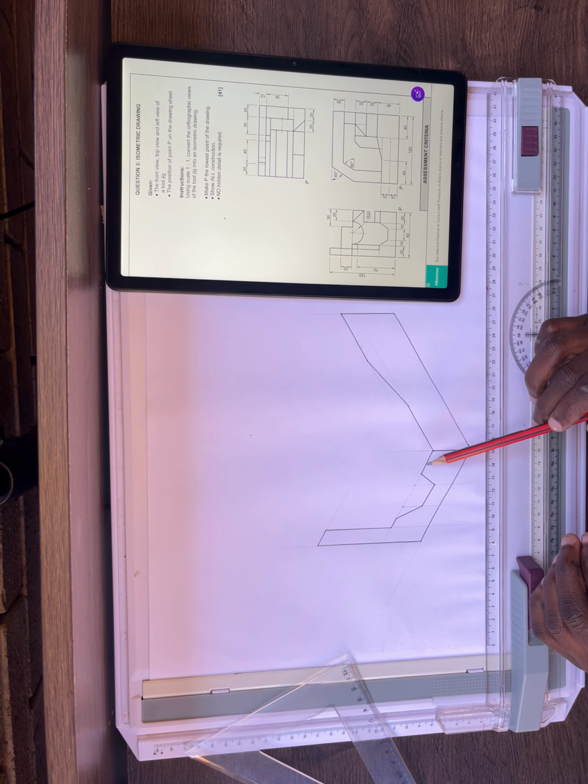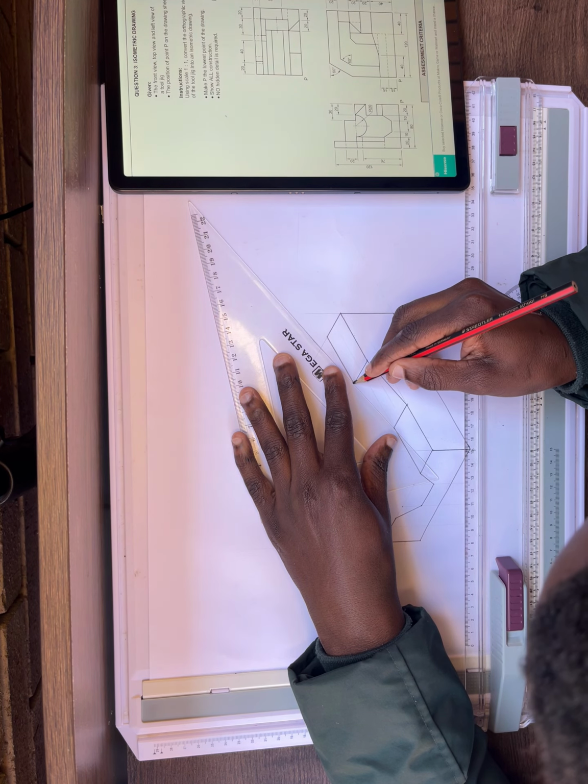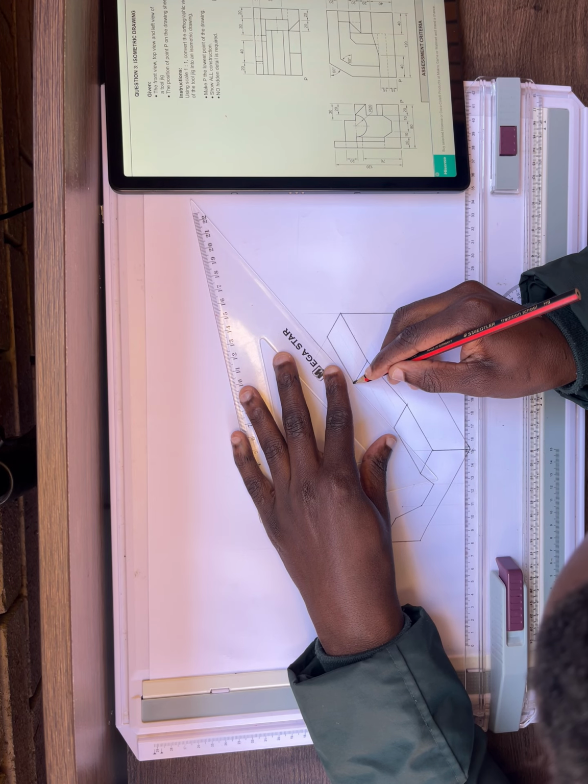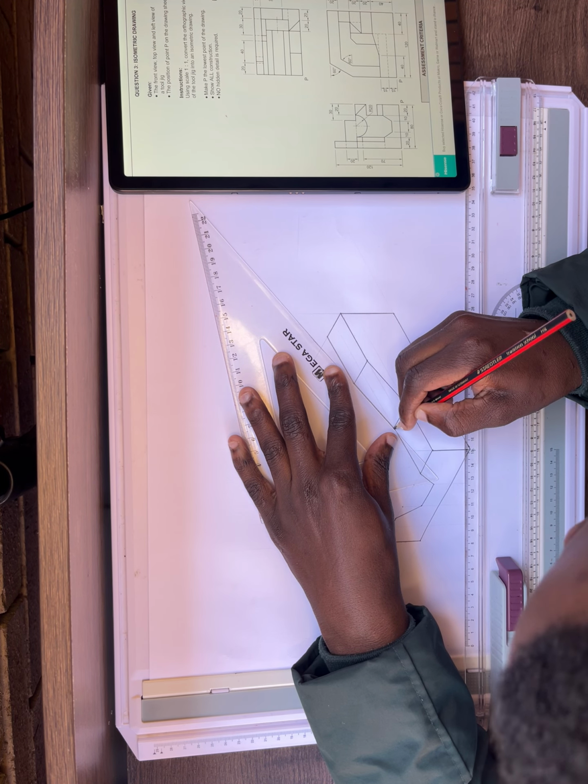We will drop it down to here. Is this one 20? Yes, it is 20. It looks like it's not 20. Alright, so now we are done with this part.